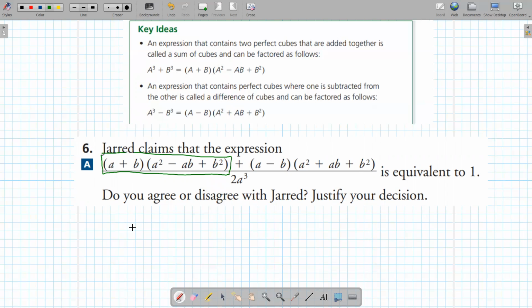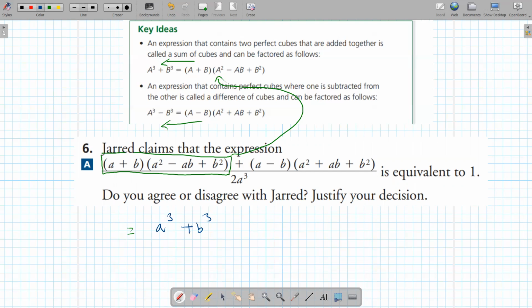If I write this as something cubed plus something cubed or minus, what would that be? Again, we're working backwards now. Isn't this the exact same thing as this? Just capital letters, small letters. So what does that equal to? Well, that simply equals a cubed plus b cubed, right?